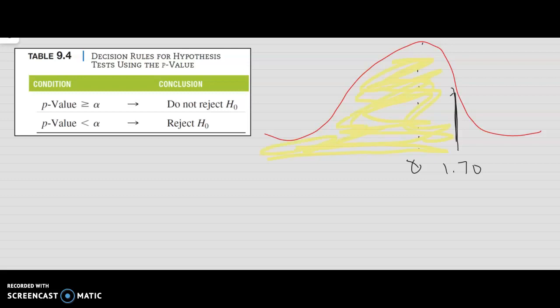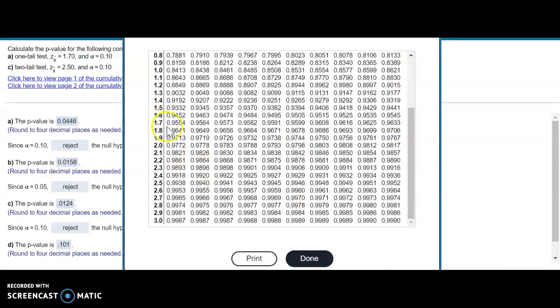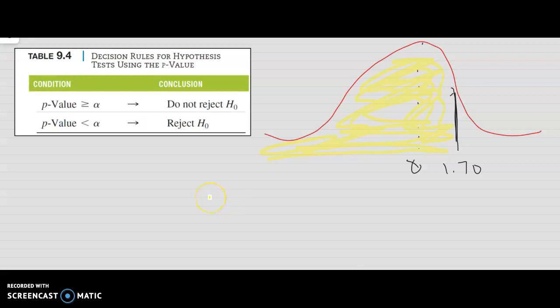So if we look it up in our table, you get 1.70 right here, 0.9554. So 0.9554 is the area that's highlighted.